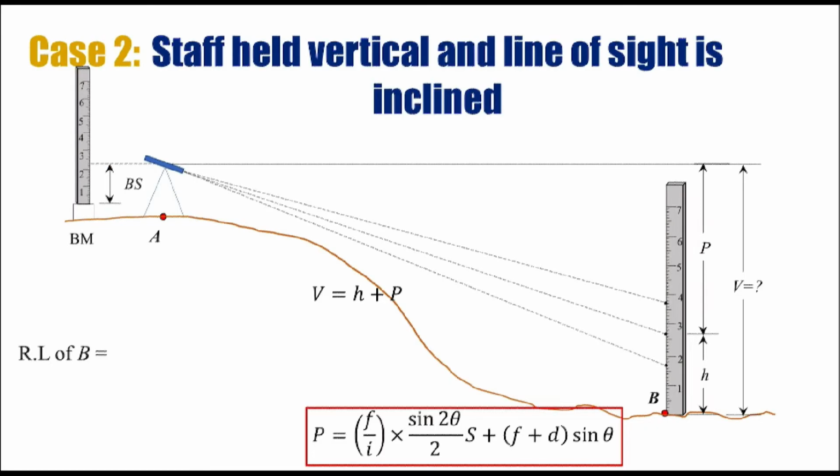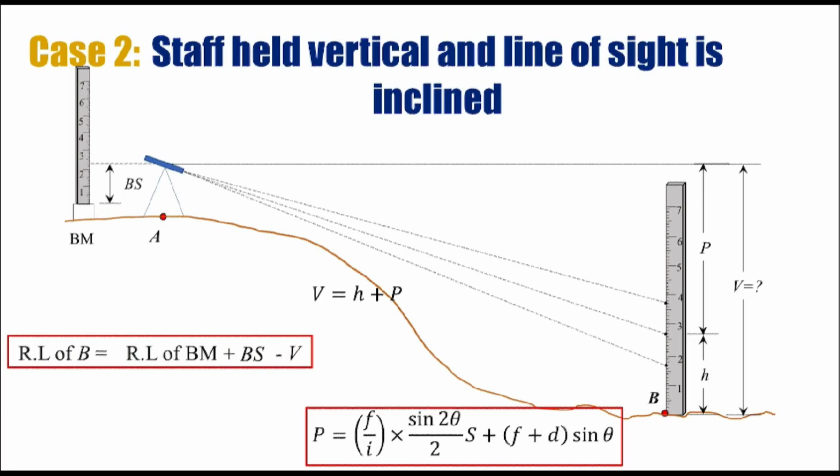So the formula for the reduced level of point B would be equal to the reduced level of the benchmark plus backside reading. That will give us the reduced level of the axis of instrument, and in order to reach point B we need to go a little down by the value of V. Since we are moving down, that will have the negative.